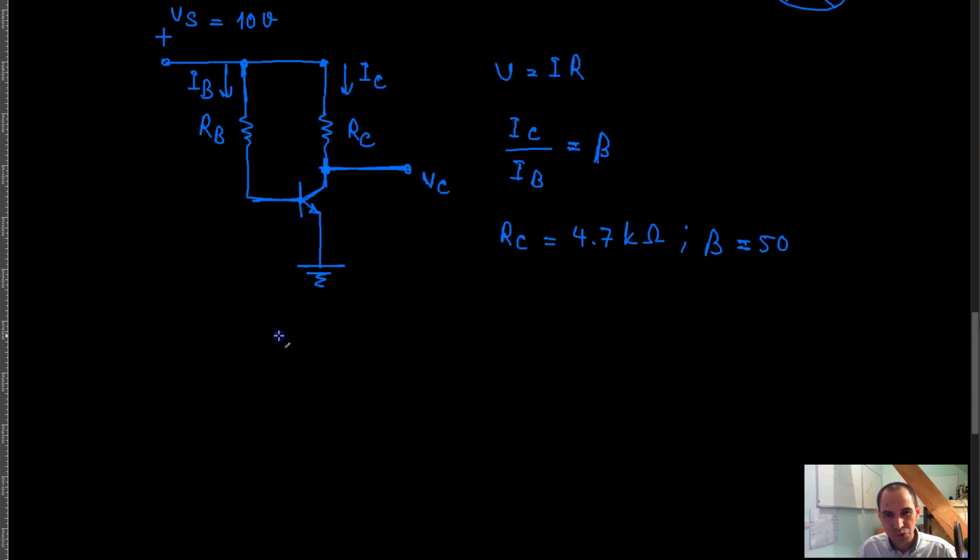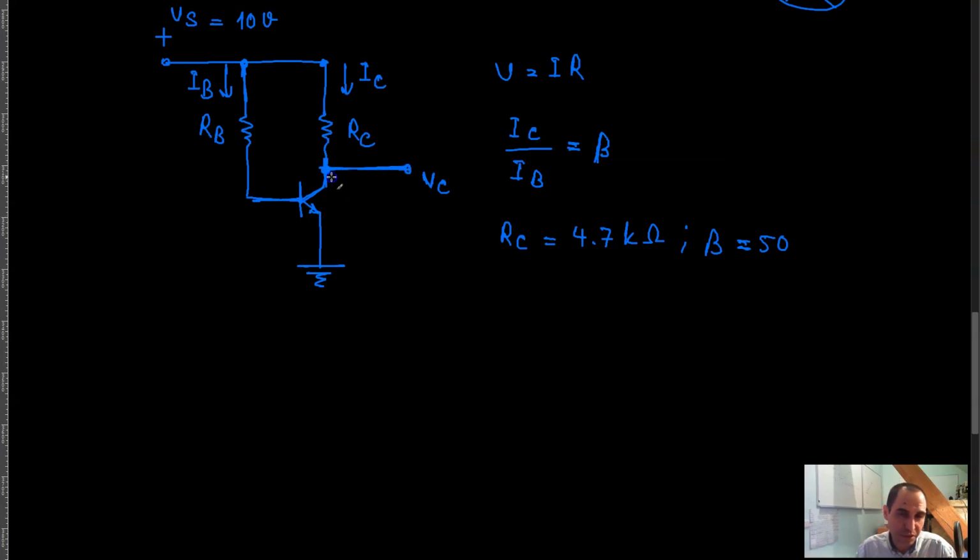Now what I'm going to do is create the kind of current in this branch so that the whole supply voltage is dropped across this resistor. If that happens, then there is no voltage left to be dropped across this PN junction.